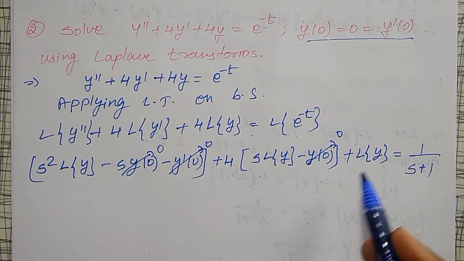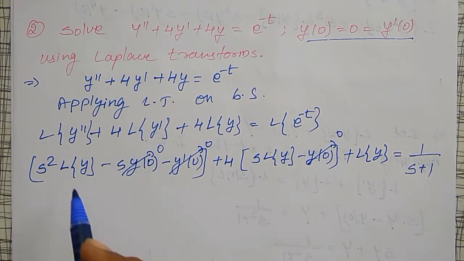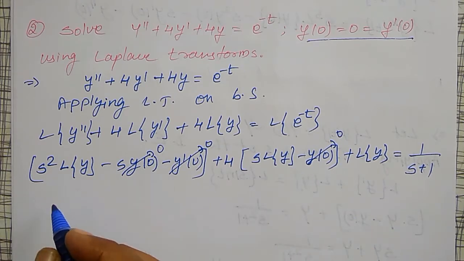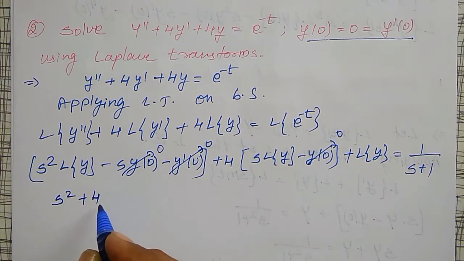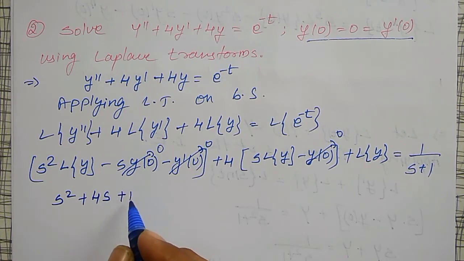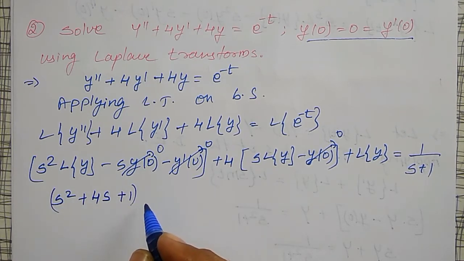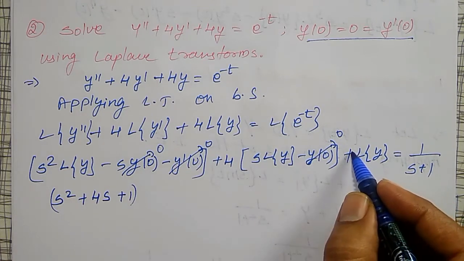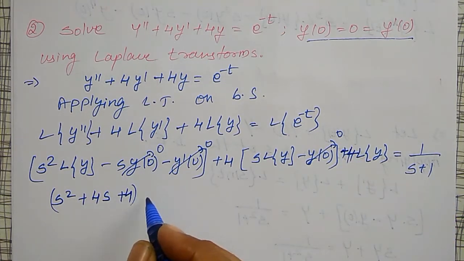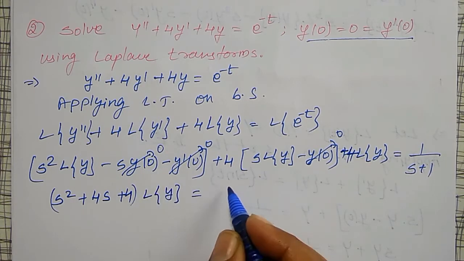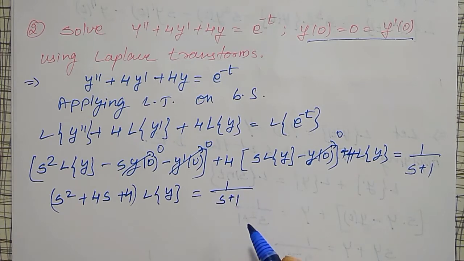From the remaining terms, I can take Laplace transform of y common, then it will become s square plus 4s plus 4 into Laplace transform of y equal to 1 divided by s plus 1.